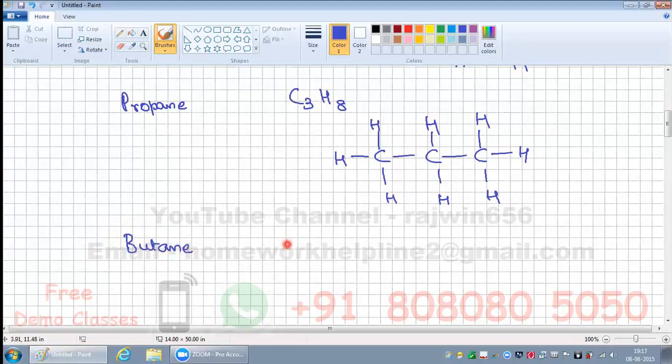What will be the molecular formula? C4H. Okay. 4 to the 8, double plus 2. And the structure also will be similarly, just all 4 carbon atoms in straight chain. Rest all will be hydrogen atoms.